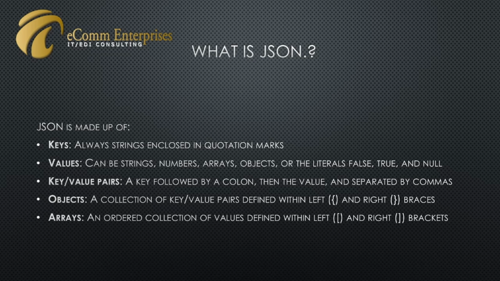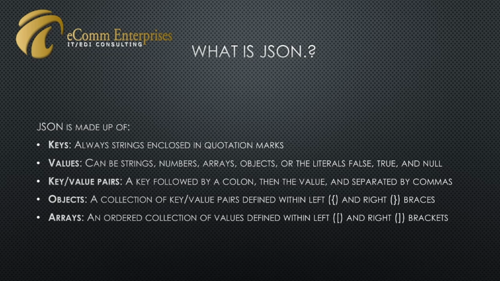The keys are always enclosed in quotes. The values don't have to be in quotes. They're separated by a colon, and that's called a key value pair. So you will have the key, like first name, colon, and the value will be my name, William.